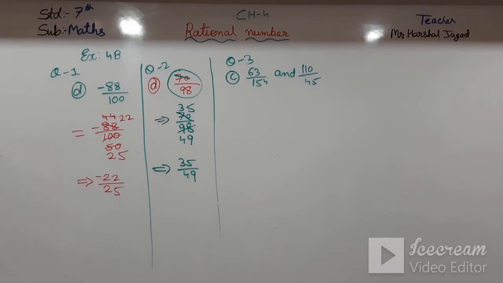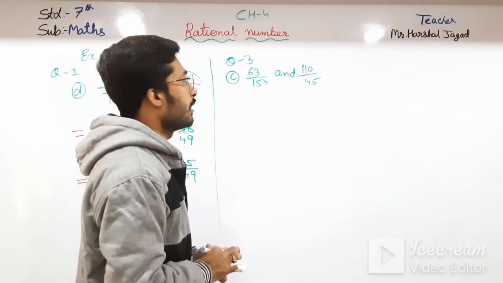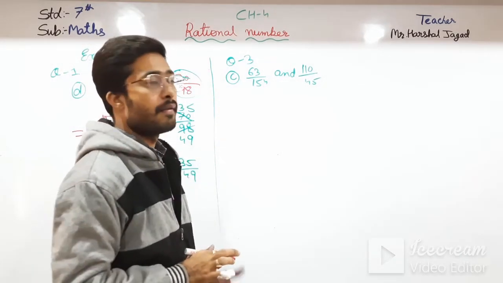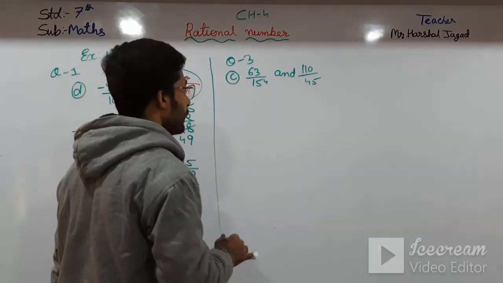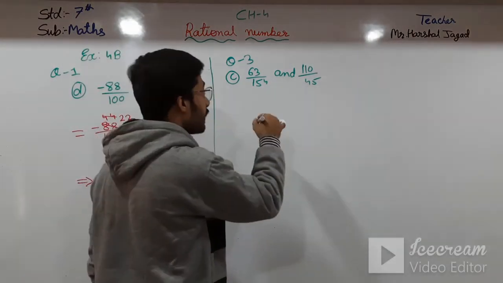Now, question 3, that is, are the following equivalent rational numbers? If yes, find their standard form. Here, what we have to do? We have to find whether they are in the standard form or not. So what we will do? We will just cut it.